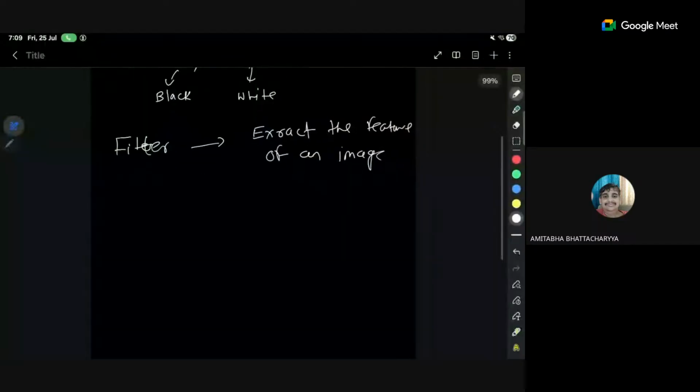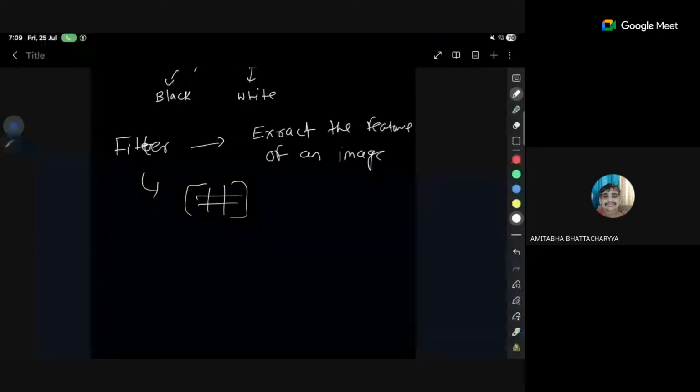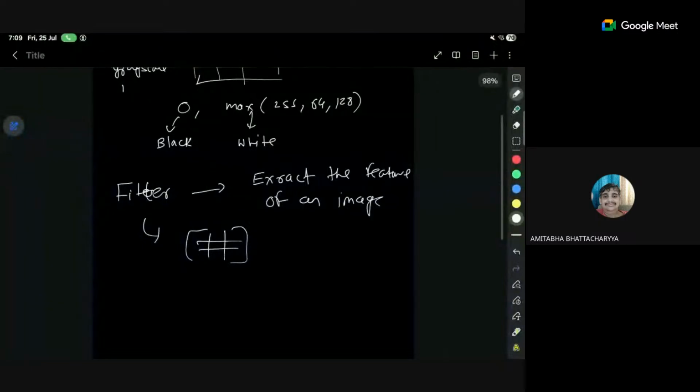A filter should be of a smaller size than the image, otherwise there's no difference. So we'll most likely use something of smaller size. It is also some kind of 2D matrix. That's what the filter will be as of now.